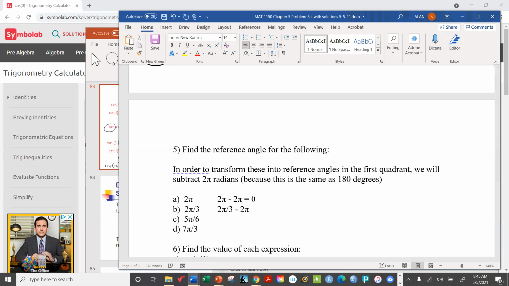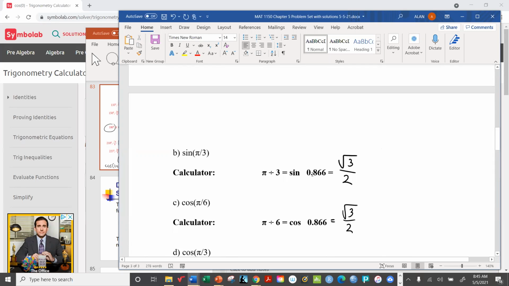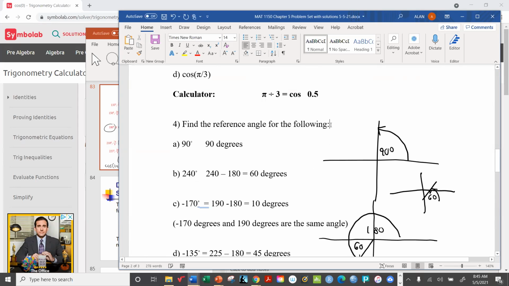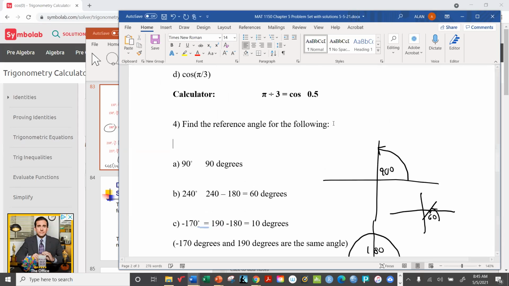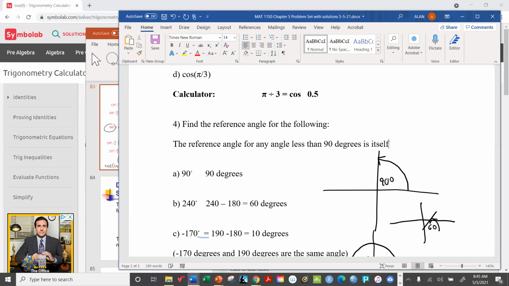Now, by the way, I forgot to mention this earlier: if you end up with an angle less than 90, it is itself.